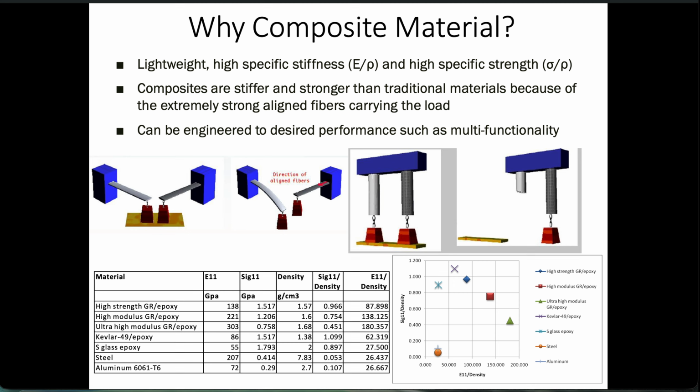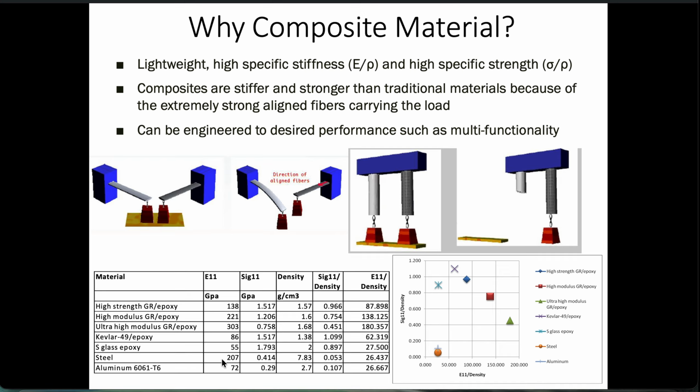The reason they are very strong is that in the direction of the fiber, the composite can be stronger than the metal. Another important point about composites is that we can engineer them to have the desired modulus of elasticity based on the pattern of your fiber. You can see different examples of composite materials right here, and the modulus of elasticity can change very much.